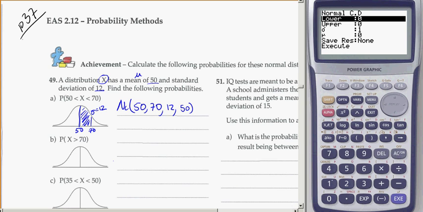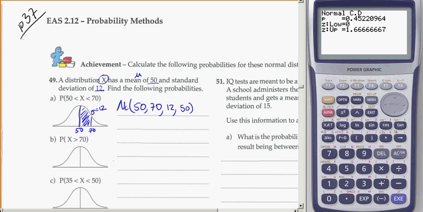So we'll put those in, 50, 70, 12, and 50 again. And I get a probability there of 0.4522.